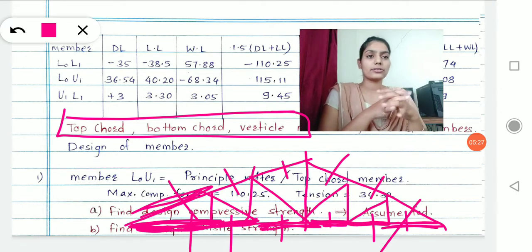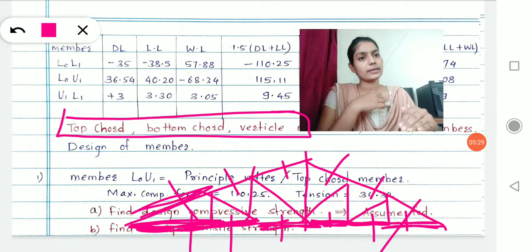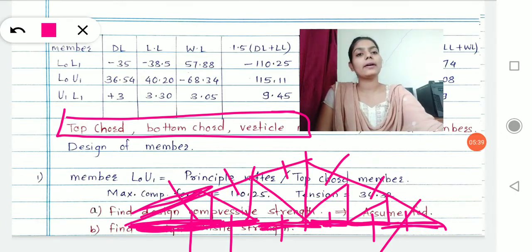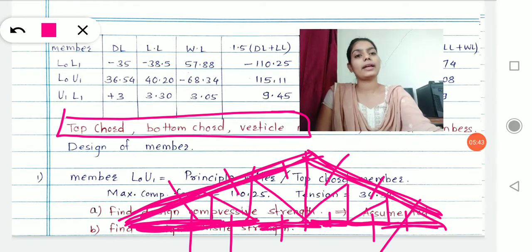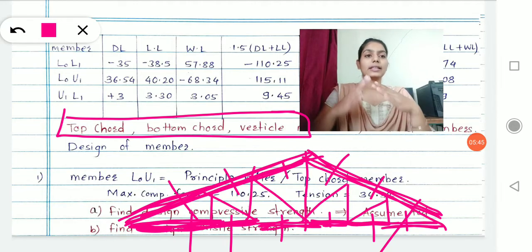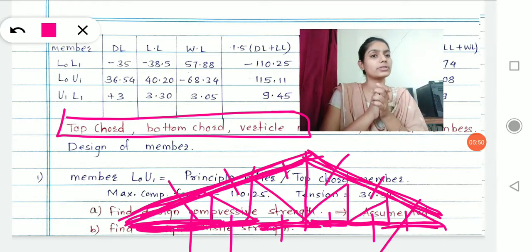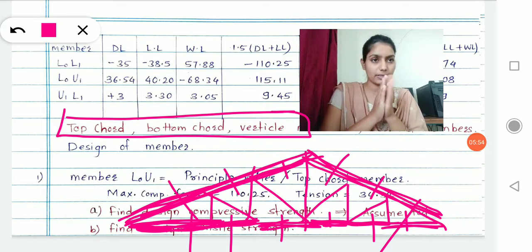We will understand that step by step, but right now you must understand which member is to be designed as a top chord member and which one as a bottom chord member. I hope you have understood. So all the members in this inclined direction, which are at the topmost position of your truss, are called top members. They are designed separately.